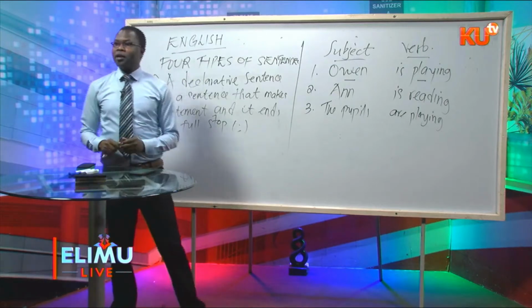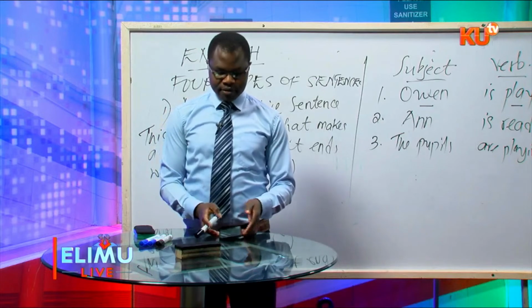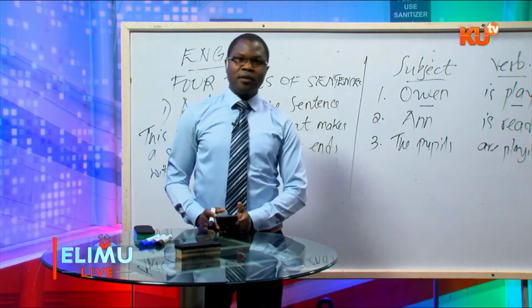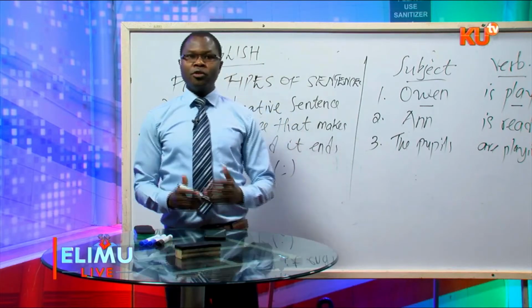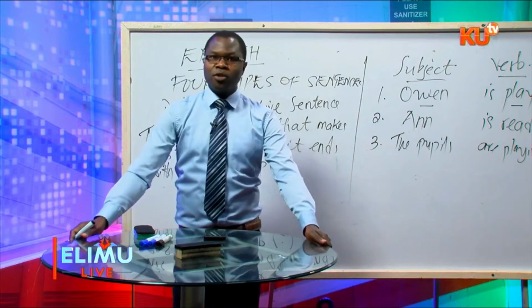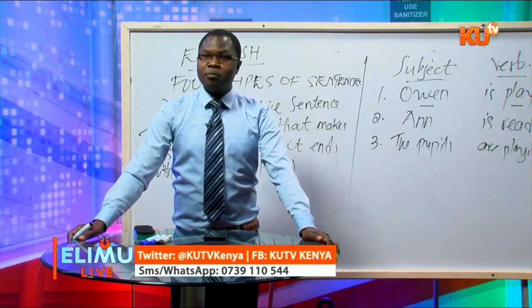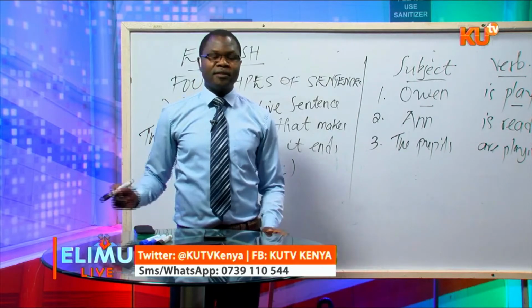This is what we call a declarative sentence. It is a sentence that makes a basic statement and it ends with a full stop. So as we continue, there's a number there. You can be sending your questions. I'll be responding to them in due course. And then I'll be giving examples of what we call declarative sentences.